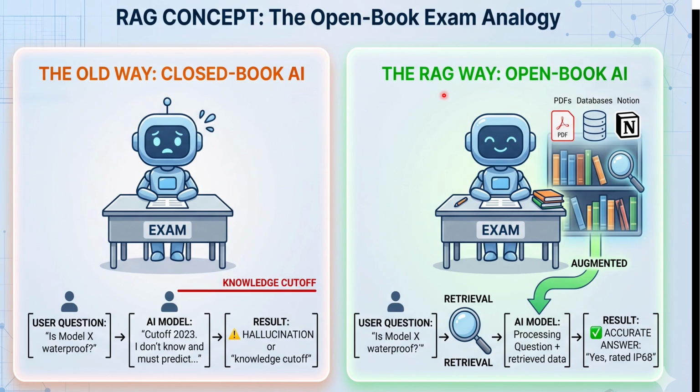Instead of forcing AI to memorize the entire universe, we give it a dynamic library. So your company-specific PDFs, databases, or some secure pages which you cannot provide as a training data set to the public LLMs, those you can retrieve via RAG, right?